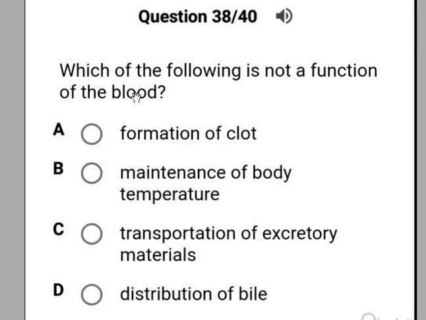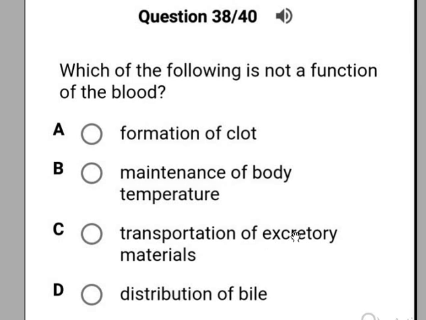We all know that blood functions include maintenance of body temperature, transportation of excretory material, and formation of clots. What we don't have is distribution of bile. Take note, blood is not associated with the distribution of bile.